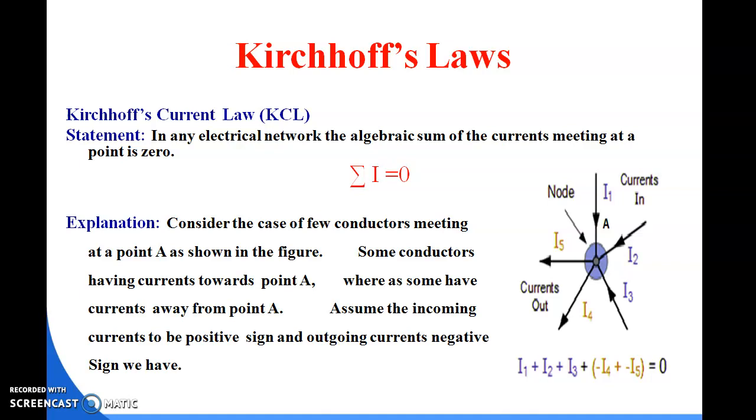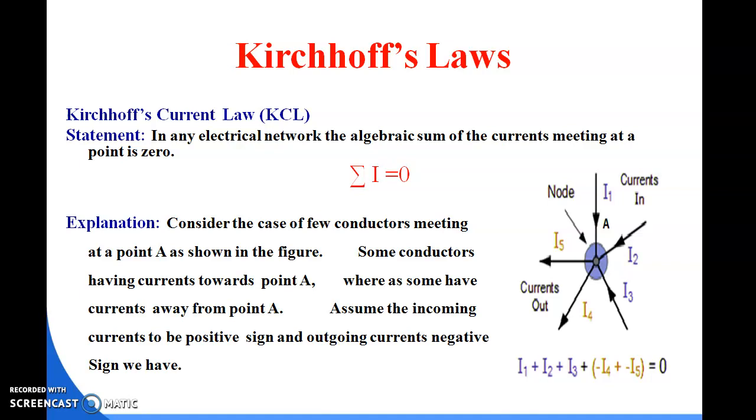Let's see the explanation. Consider the case of a few conductors meeting at a point A as shown in the figure. Some conductors have currents towards the point A. As we saw, these currents, that is I1, I2 and I3, are coming towards the point, whereas some currents are going away from point A, that is currents I4 and I5.